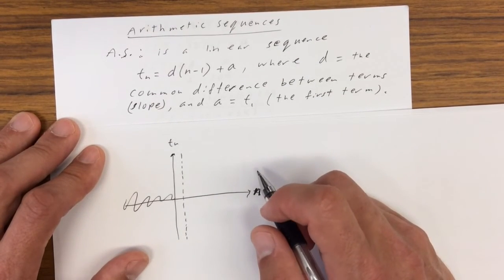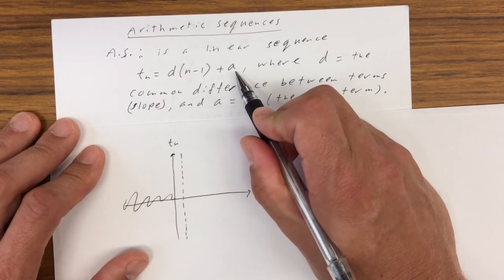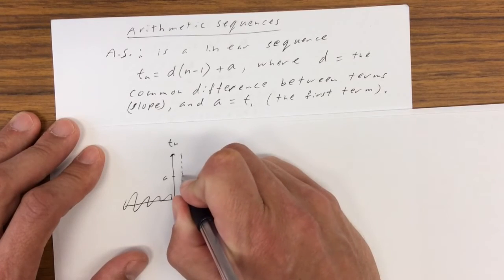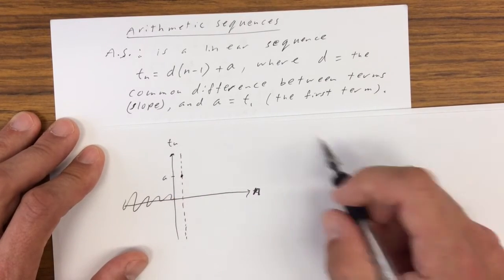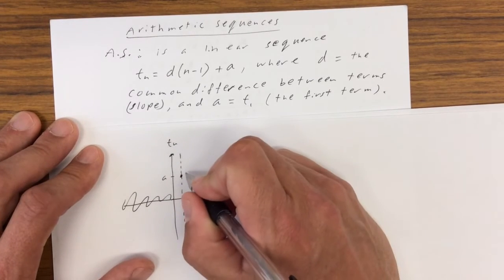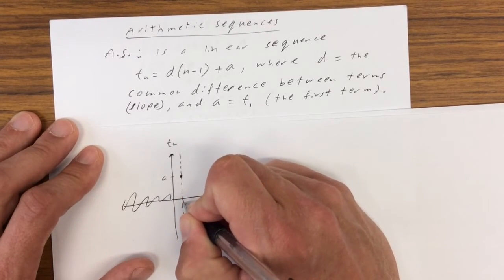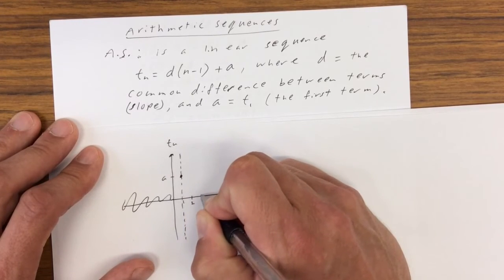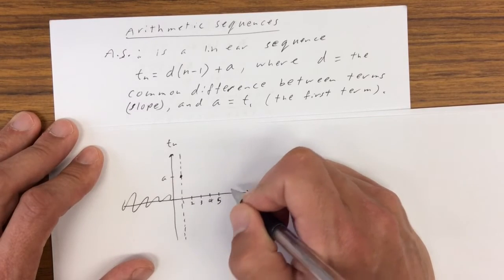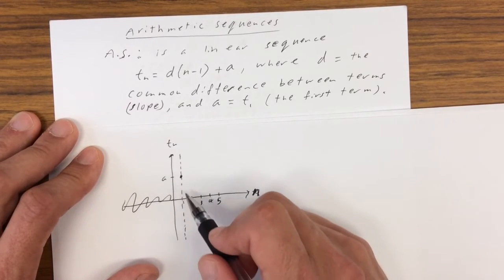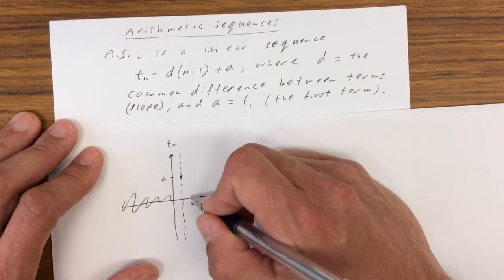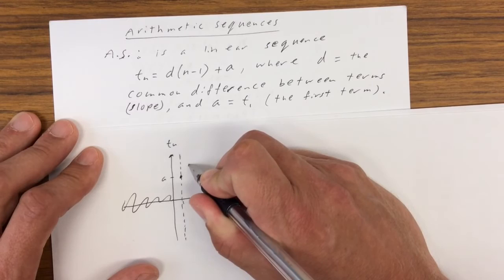Okay, and the first term is going to be a. So say that's a on the graph. So that would be your first term. And d is a common difference. So if it keeps going up by d, then your next point, so there's 1, there's 2, there's 3, there's 4, there's 5, okay? So the next point on it would be at 2, and you maybe have it up here.